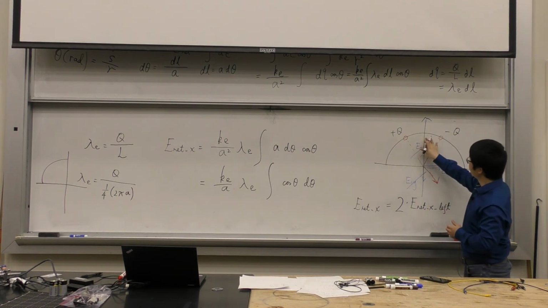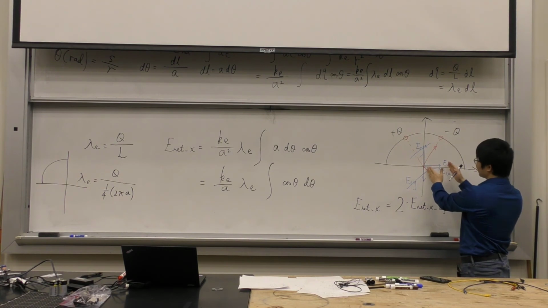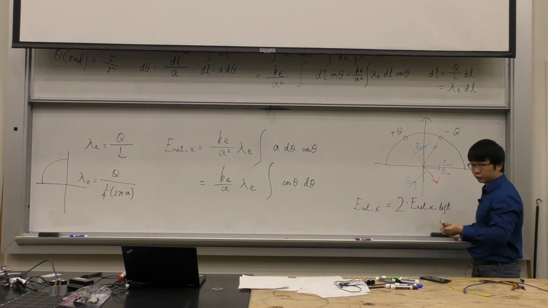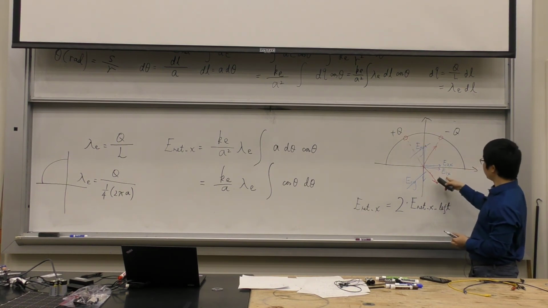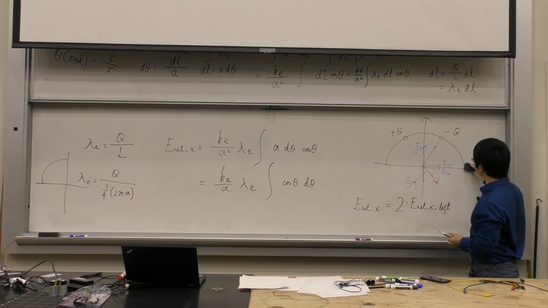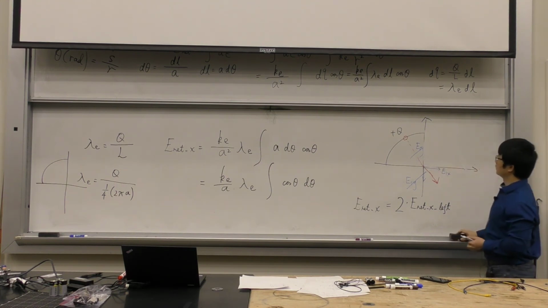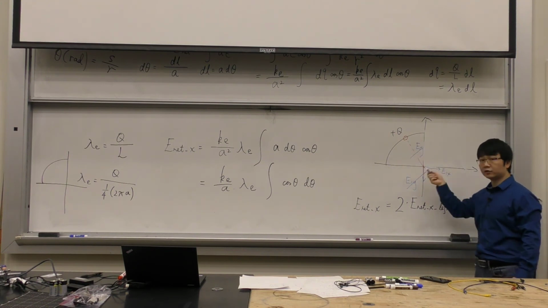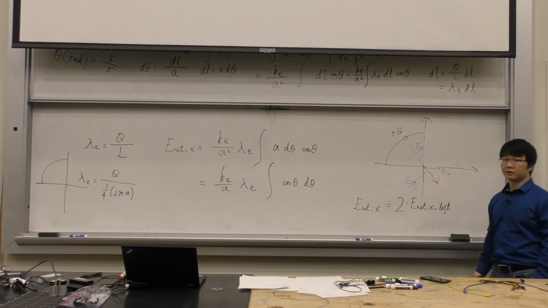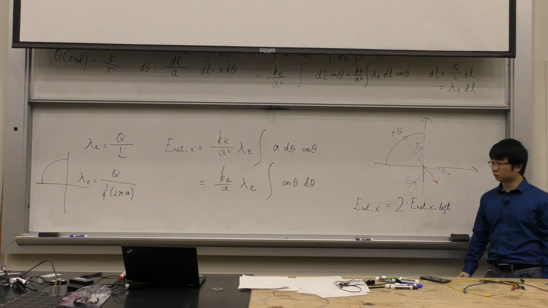Because each half is going to give me the same component in x direction. Just figure out the total electric field created by this half, x component. I only need the x component, and then double it. I will get the total electric field created by this semicircle.